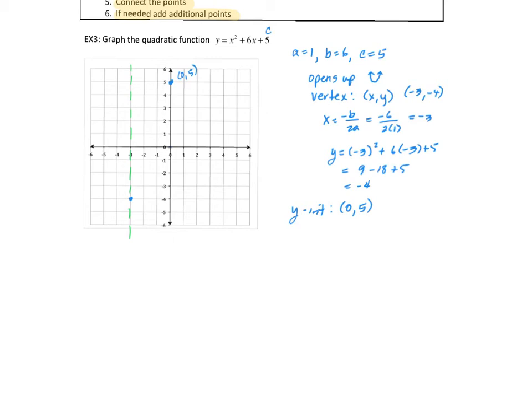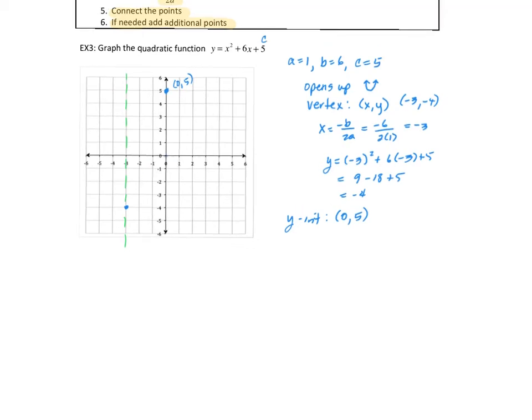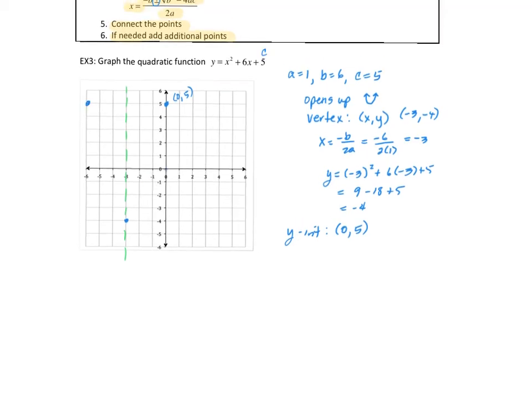So if this is 1, 2, 3 away, then I go 1, 2, 3 in the opposite direction, and I have my other point. Now this is going to irritate me showing that red line. So I can see what my graph will look like, and I can draw it right now, but oftentimes you'll be asked to also identify your x-intercepts.